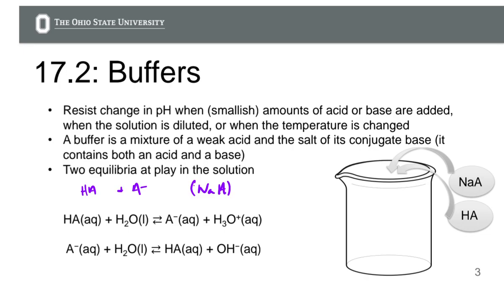If we have those two substances and we put them in one beaker, in that beaker we're going to have two equilibria, and they are related. We're going to have that of the weak acid, its equilibrium with water to form A minus and H3O plus. And we're going to have A minus that reacts with water to form HA and OH minus.